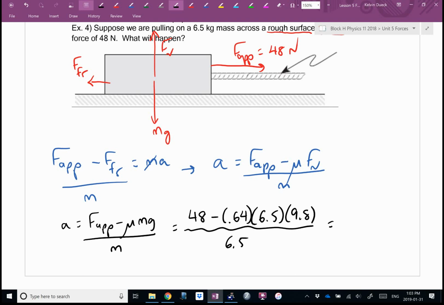What do you get? 1.11. Anybody else? Positive? So the fact that it's positive, I guessed right on the winner. And it is accelerating, not as much as last time. 1.11 meters per second squared.